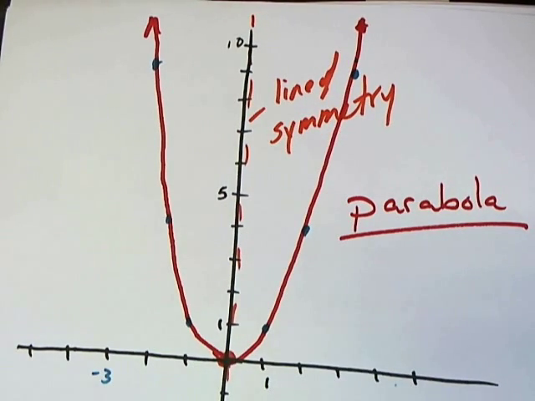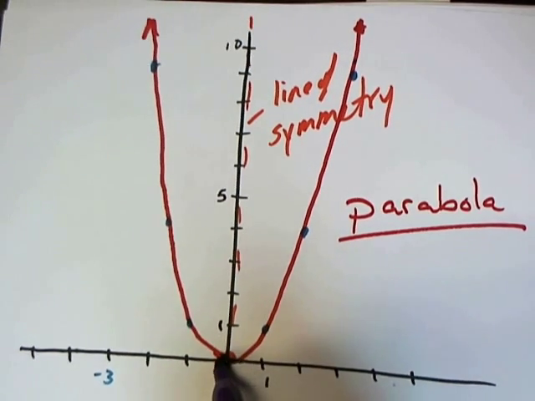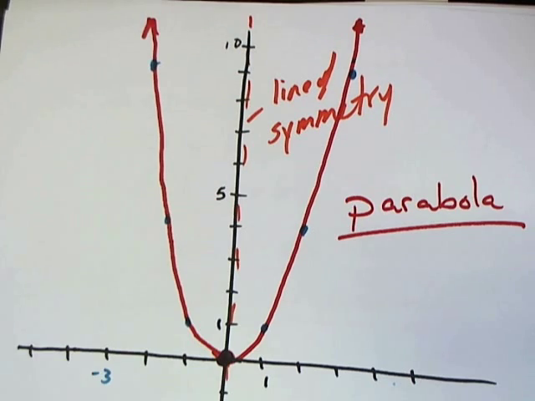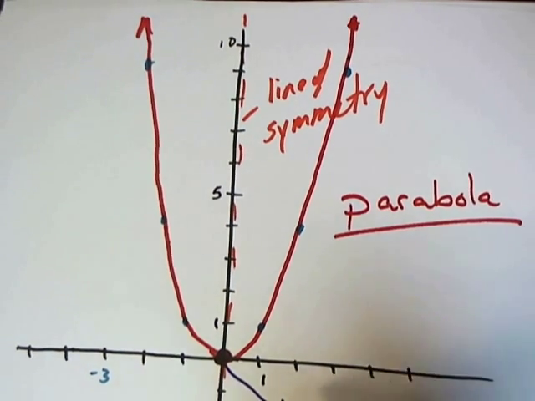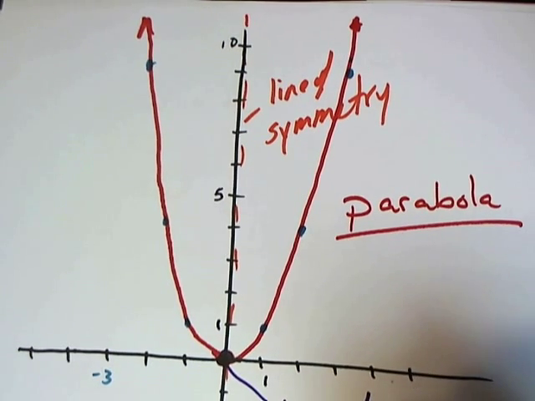Your graph is only the red, U-shaped portion, but it's good to know that there is this line of symmetry, that the two sides are symmetrical or identical, and that you have a fold line. The fold line always goes through this low point here, where you change directions from going down to going up. That point is called the vertex.